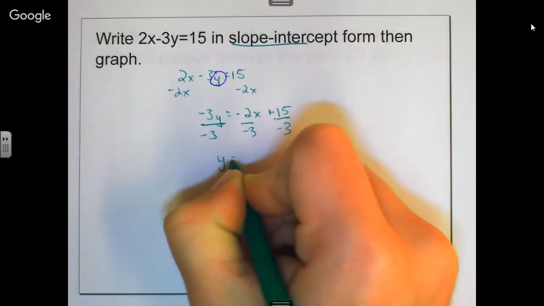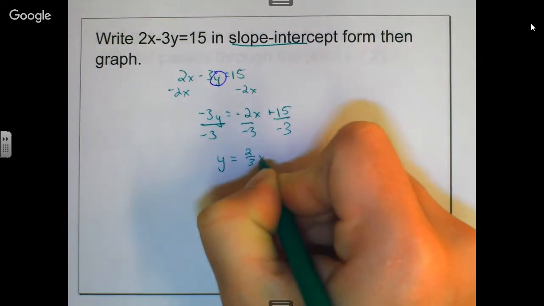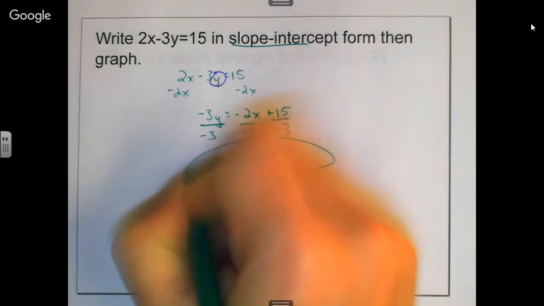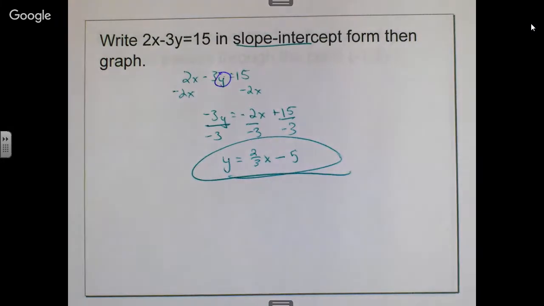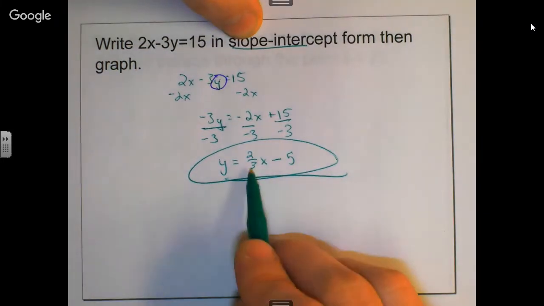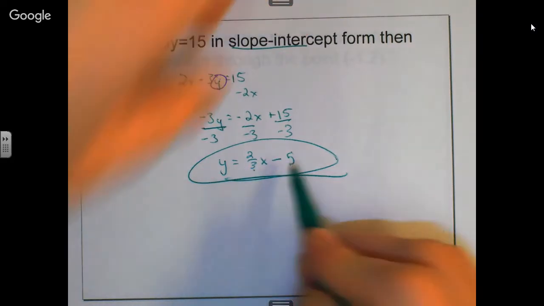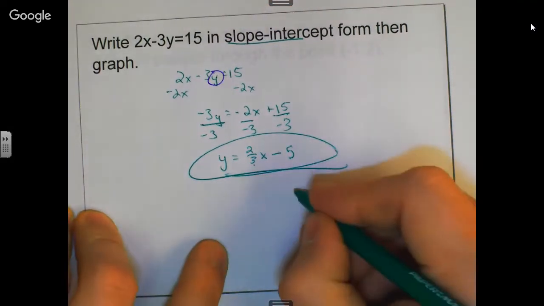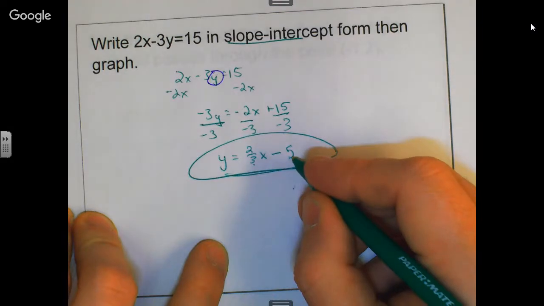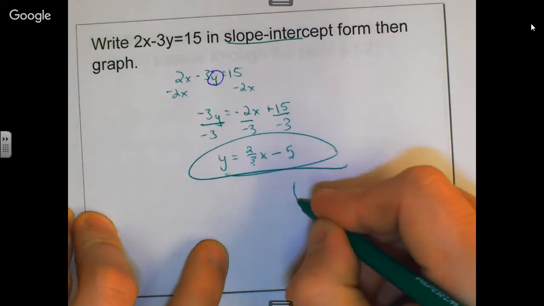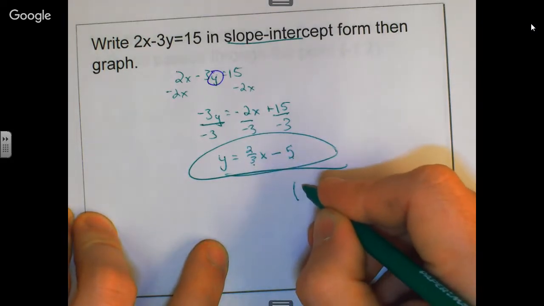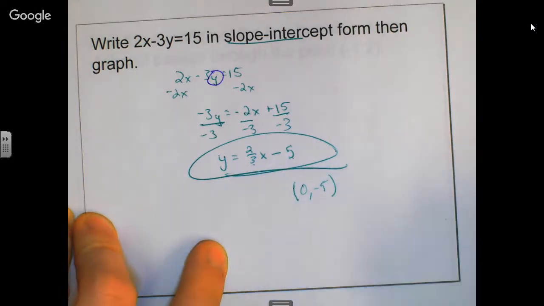So y equals 2/3 x minus 5. This tells me two things. It tells me the slope, which is 2/3, and it tells me the y-intercept, which is -5. We can refer to the y-intercept as -5, but when we write it, it would be (0, -5).